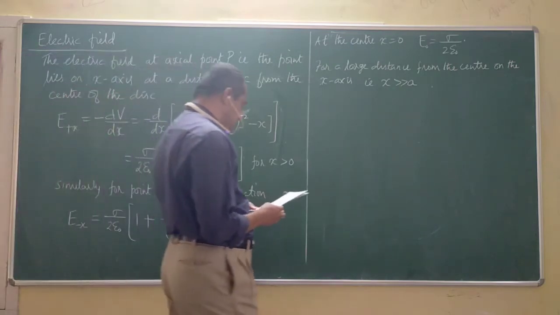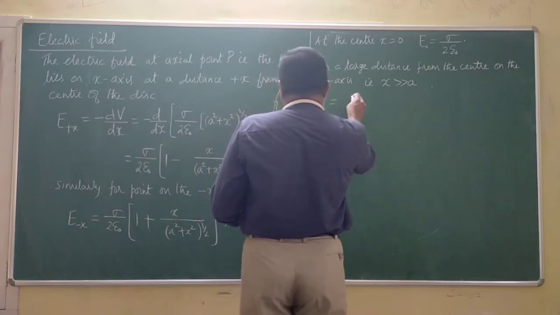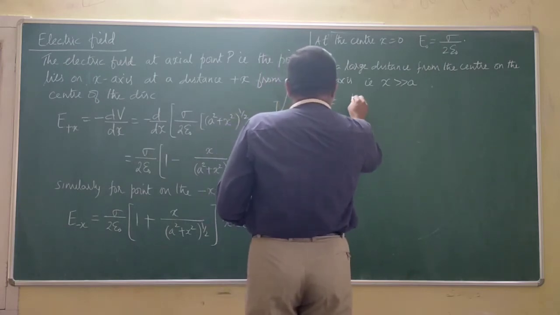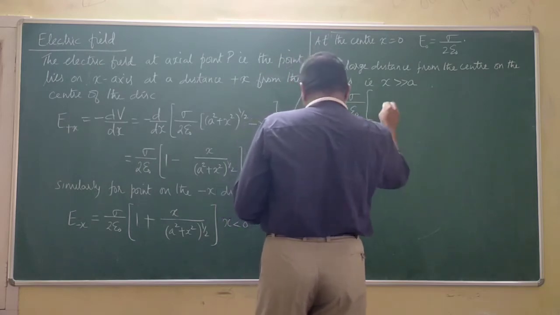How do we do that? E is equal to sigma by 2 epsilon naught.